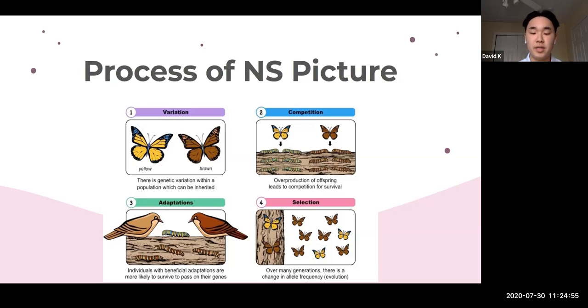And so in the population, there will be an abundance of brown butterflies compared to yellow ones, as the yellow ones died off more easily in the past. And this is basically how evolution will occur. So over hundreds of years or tens of years, based on the lifespan of the organism, the favored trait will be the majority of the population. And we can see that there's more brown than yellow butterflies.